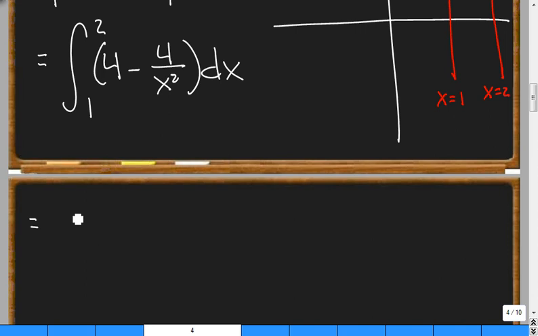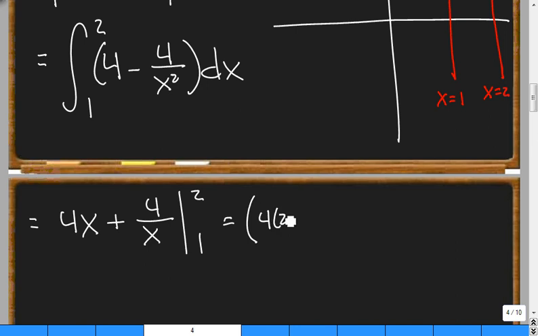So I'm going to go forward and perform this integration. The integral of 4 is 4x. The integral of negative 4x to the negative 2 should be a positive 4 over x. And I'm going to integrate that from 2 to 1. So I plug in 2 first, so I get 4 times 2 plus 4 over 2.